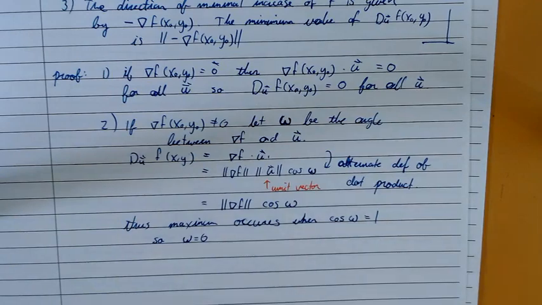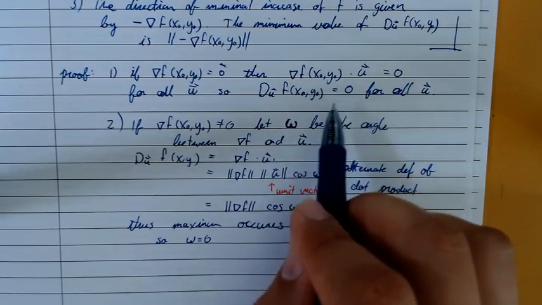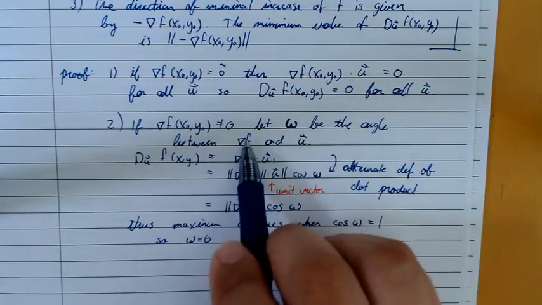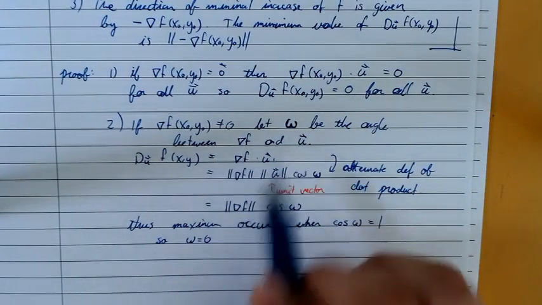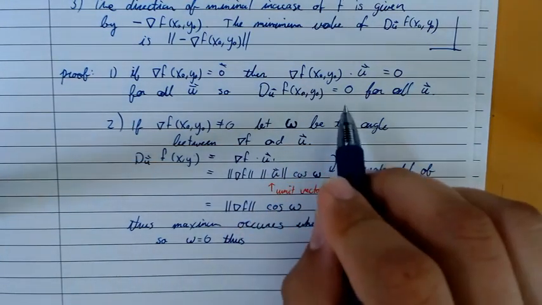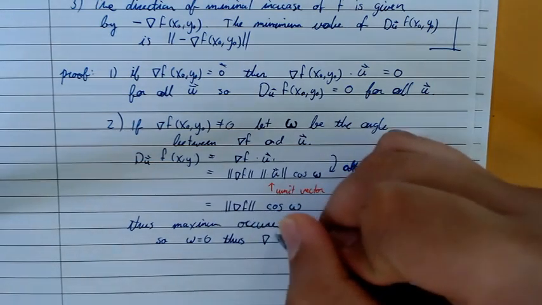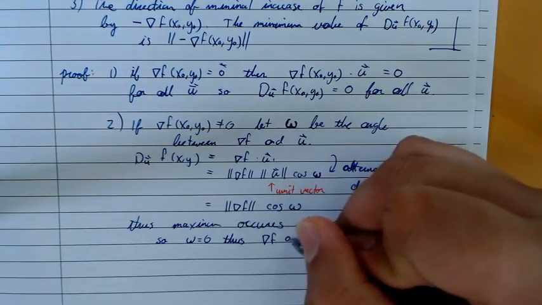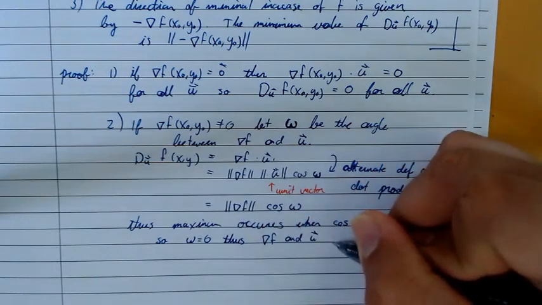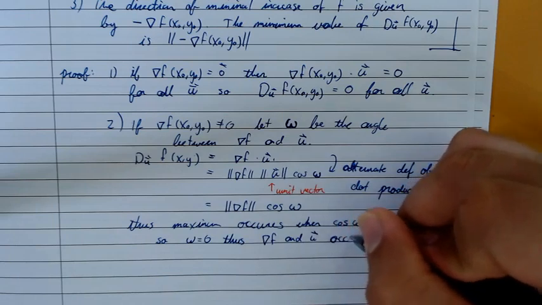Cosine of 0 is equal to 1. Since omega is the angle between the gradient of f and u, there is no angle between them. So they're going in the same direction. Thus the gradient of f and u occur in the same direction.